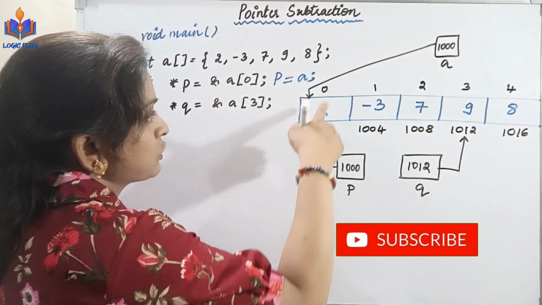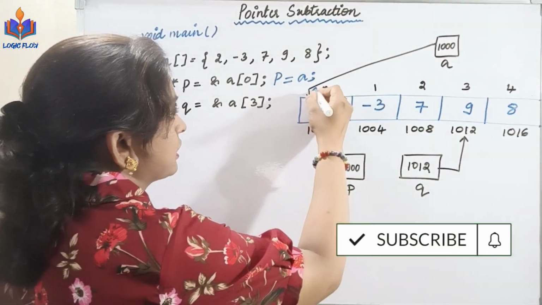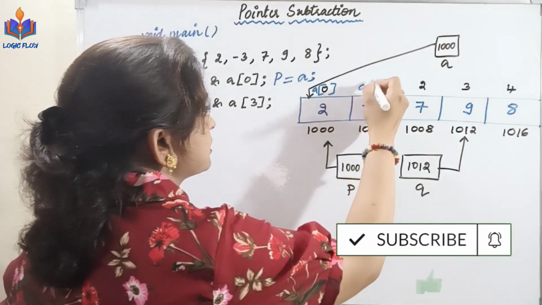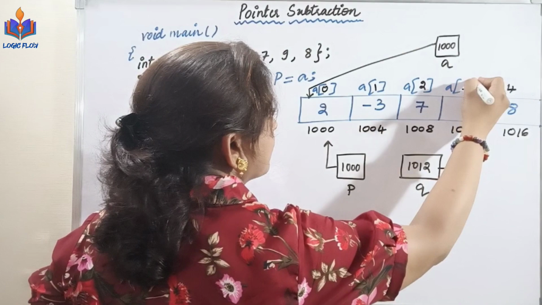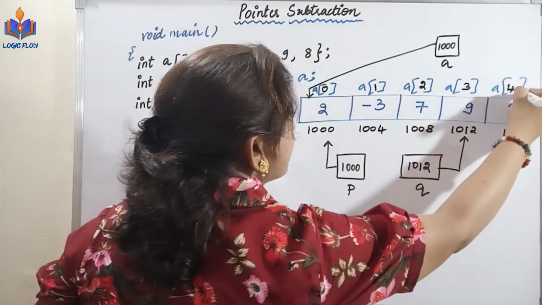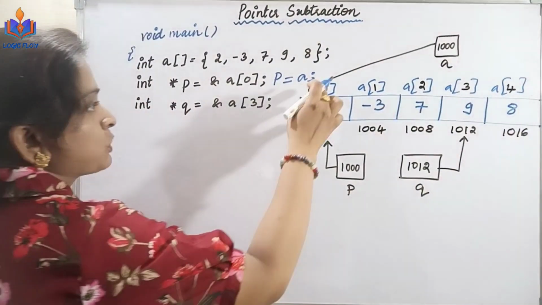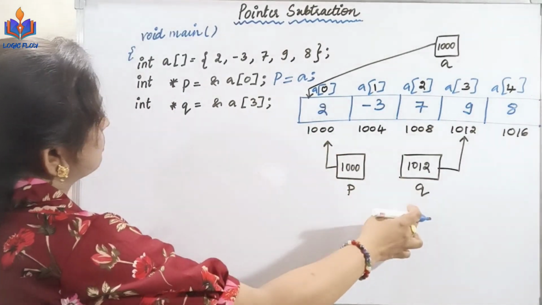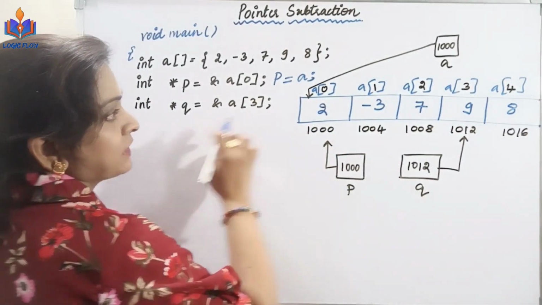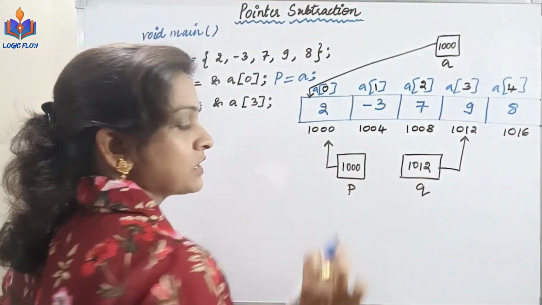This is A of 0, A of 1, A of 2, A of 3 and A of 4. Now I am storing the address of A of 0, that is 1000, into the pointer P. One more pointer variable Q stores the address of A of 3, which is 1012.